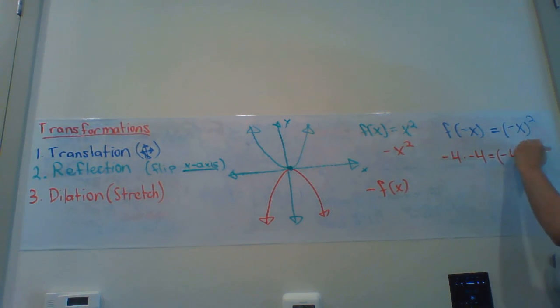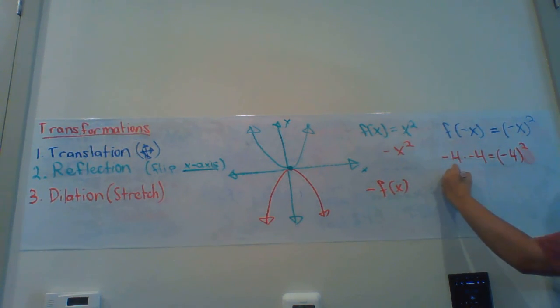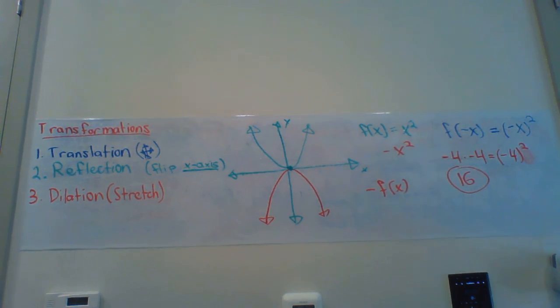There are two negative 4s being multiplied, so I can make it negative 4 squared. But a negative times a negative, that's a positive. So I have a positive 16. That is kind of interesting.